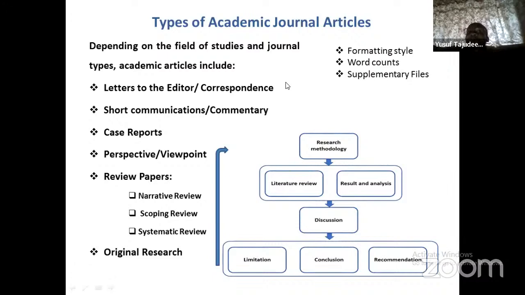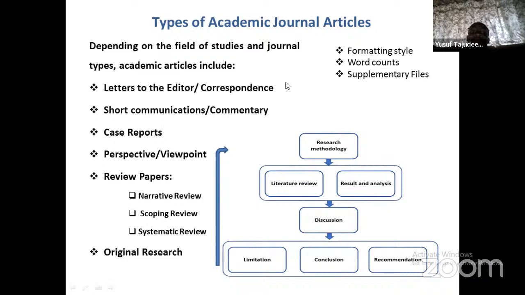I don't really remember that country. So as a case reporter, maybe as a clinician, you are going to report that. So it's a case. You are going to take pictures of what exactly happened, how you conducted, how you discovered this particular issue. So you are going to publish it. So that's a case report.